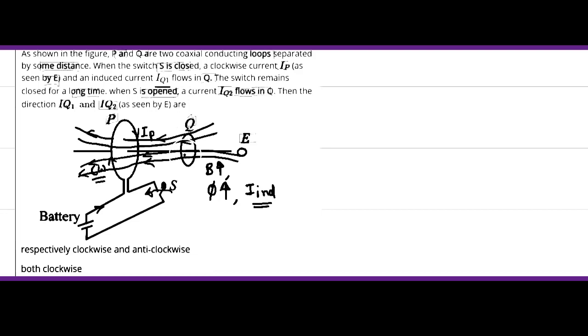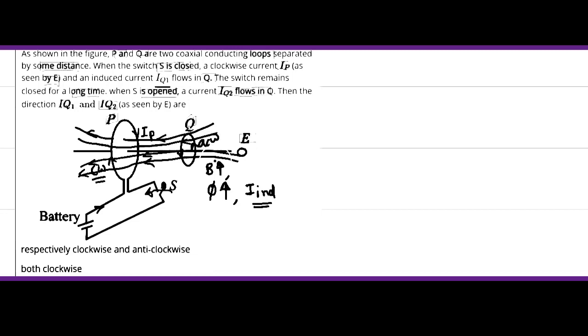So as the flux is increasing from right to left, the current will be induced in the loop in such a way that the flux will develop in the direction from left to right. So the direction of current in this case, according to the observer, will be anti-clockwise.